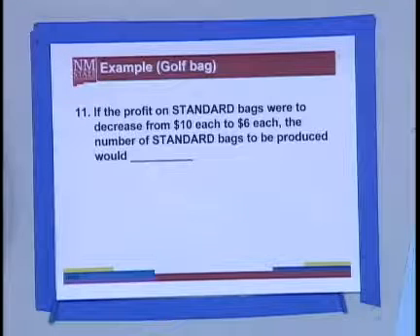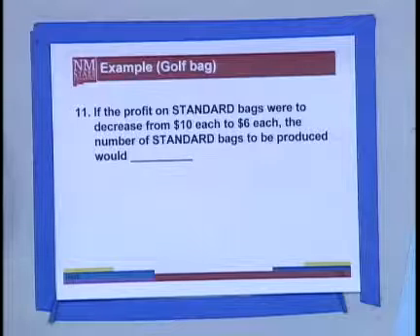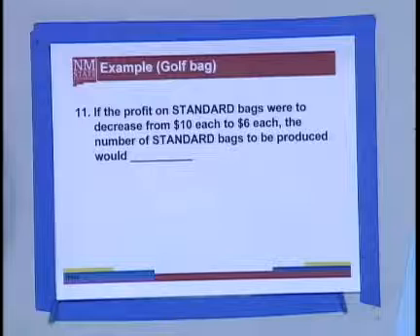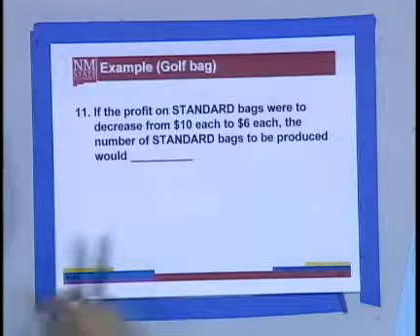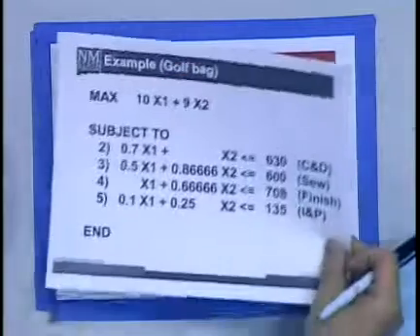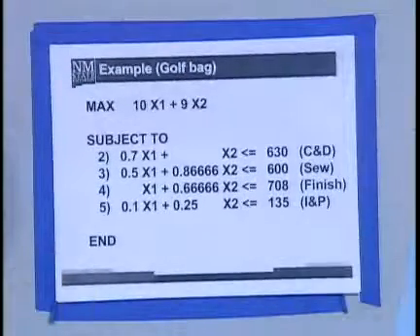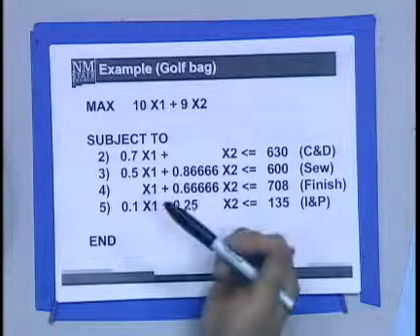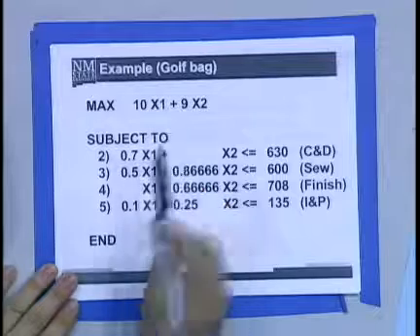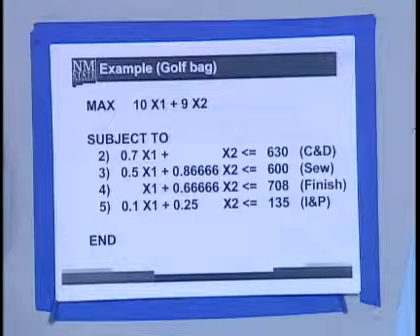I think this question is very similar to questions number 1 and 2, right? So we are dealing with a decrease of $4 in the objective coefficient of the variable x1, which means you need to look at the objective coefficient ranges.